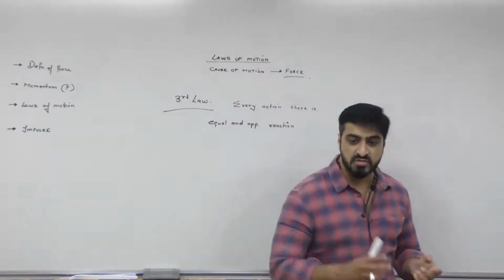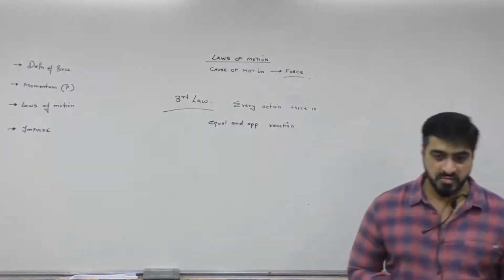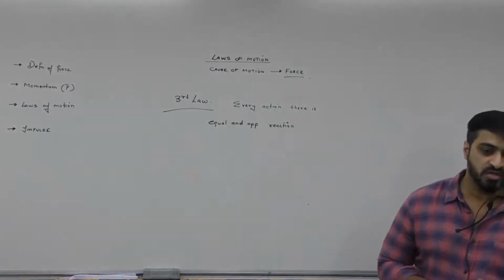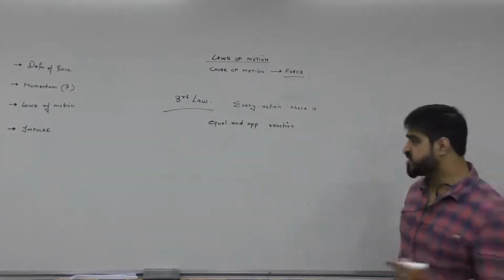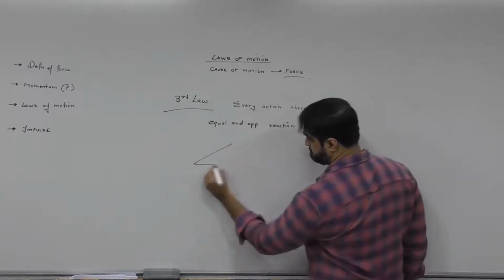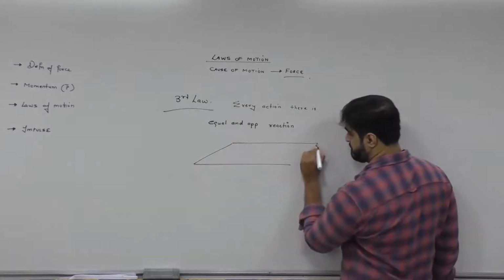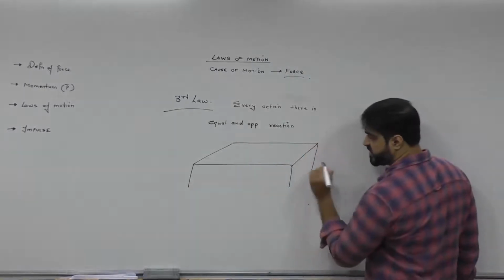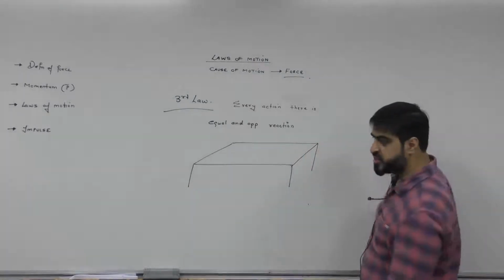I'll ask you some set of questions by which we can see if you have understood the force law. Suppose this is the table, and a book is kept on the table.